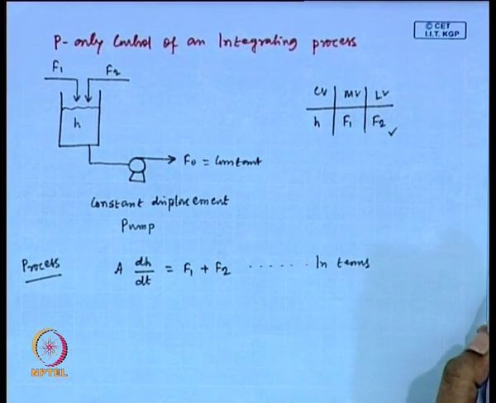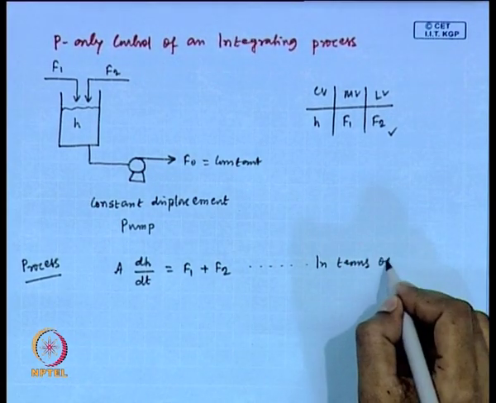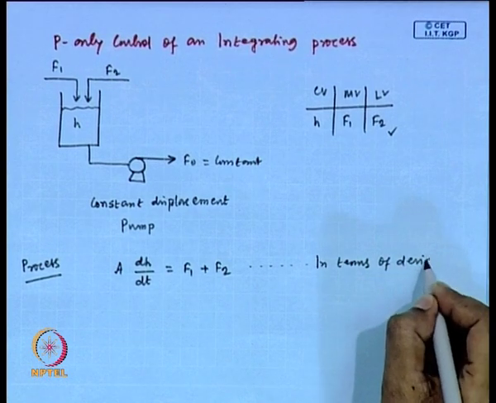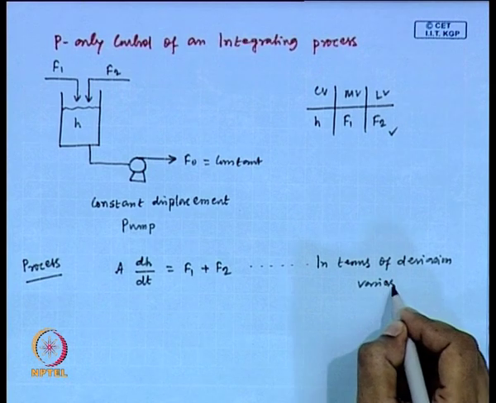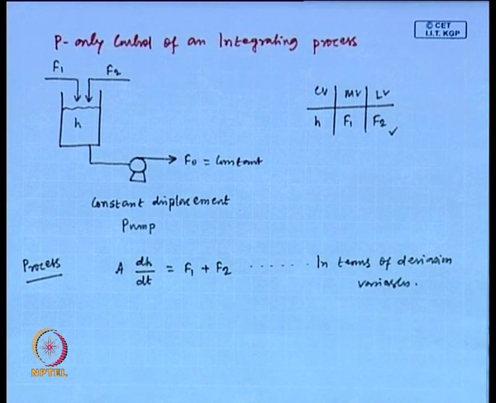So, this equation is written in terms of deviation variables, and therefore, there is no f naught term, fine. To represent the deviation variable, we are not using superscript prime.